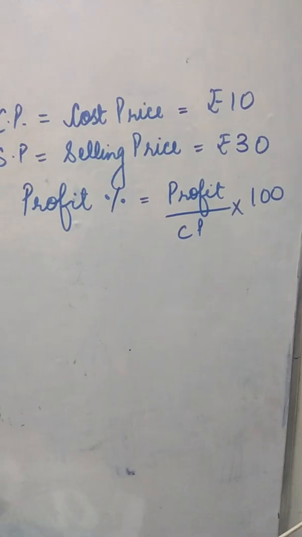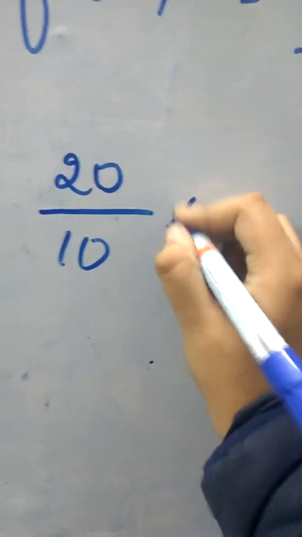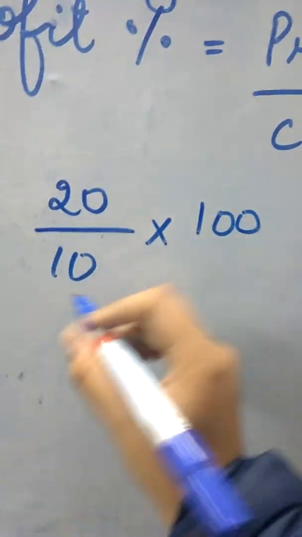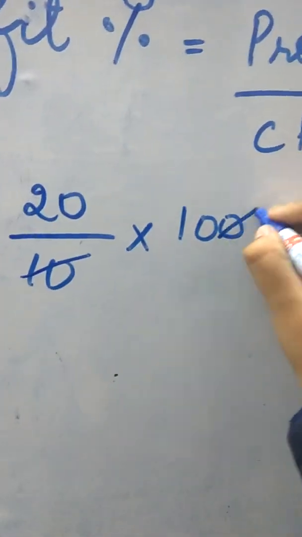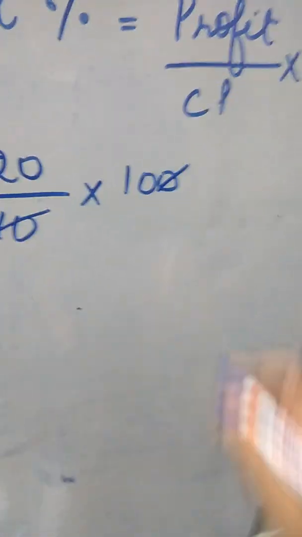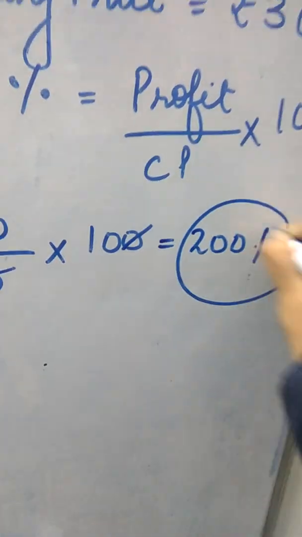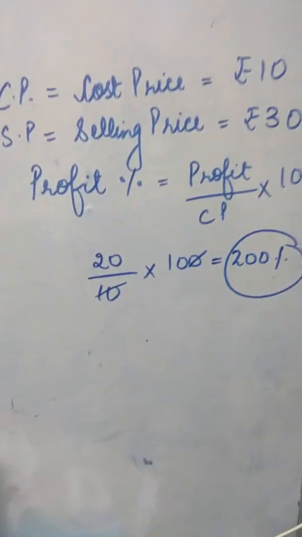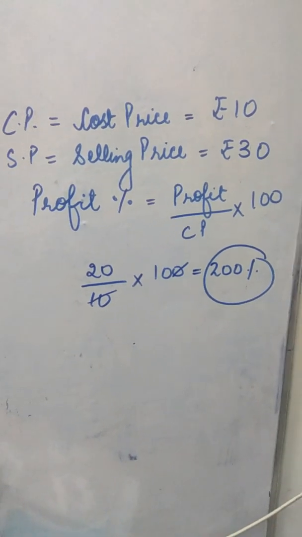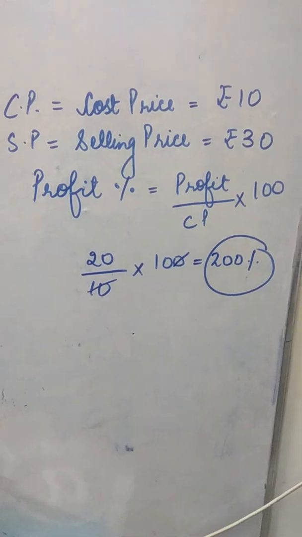So profit, that is 20, divided by CP, that is 10, into 100. So this cancels out and the answer comes out to be 200%. Similarly, if we wish to calculate the loss percent, we can say that it is loss upon CP into 100.